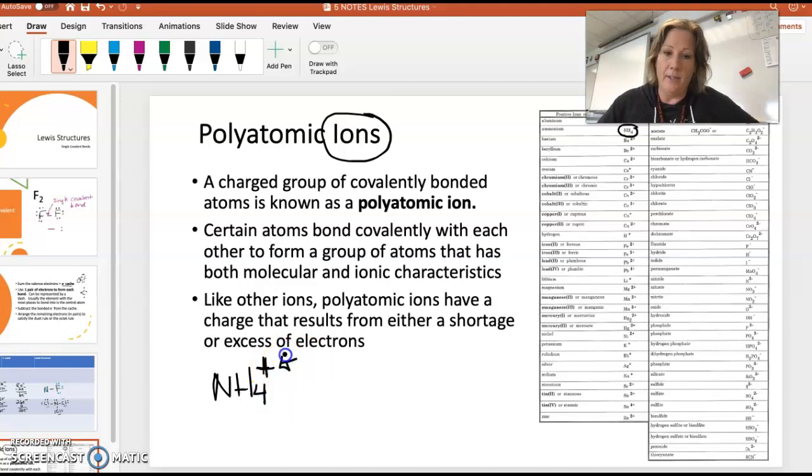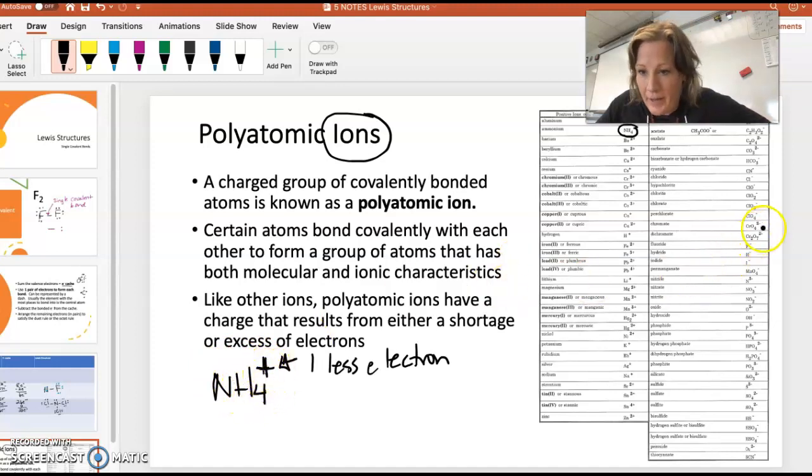So what that means is you're going to have one less electron than you would have if you were to add all the valence electrons. If you add all of the electrons up, you'll have one less. If you have a negative, like let's look at this chromate, CrO4 is -2.